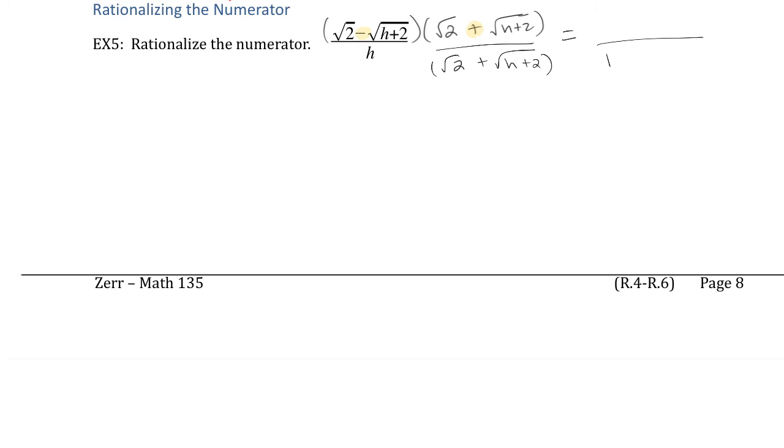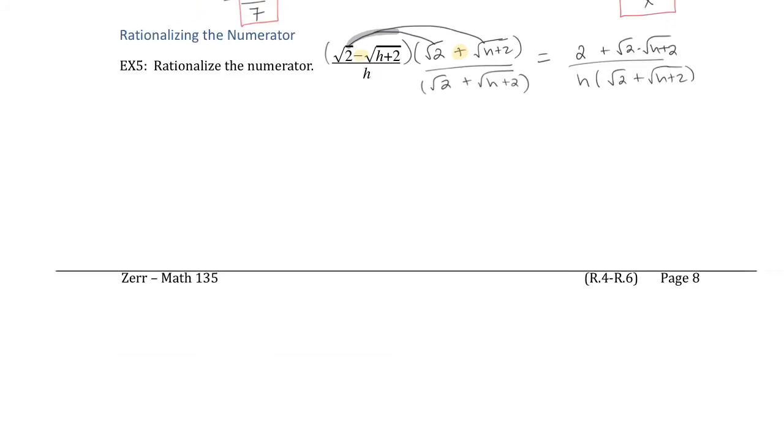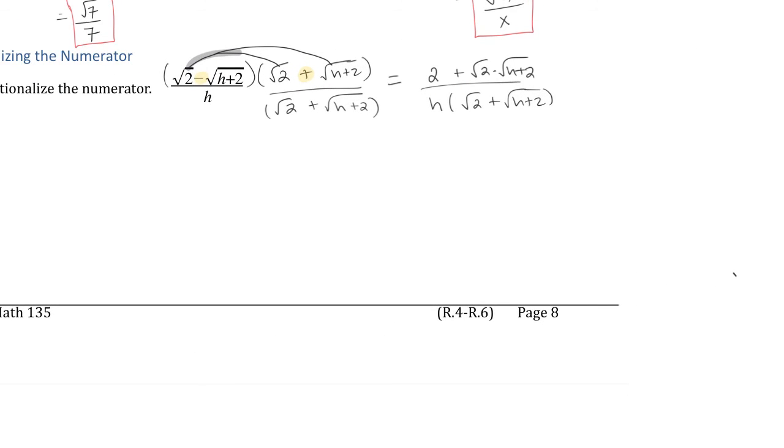So in the denominator, I'll have h times square root of 2 plus square root of h plus 2. Okay, now we're going to start multiplying and FOILing this out. Square root of 2 times square root of 2 is the square root of 4, which is 2. And then we have plus square root of 2 times square root of h plus 2. And then we would have minus that same thing, square root of h plus 2 times square root of 2.